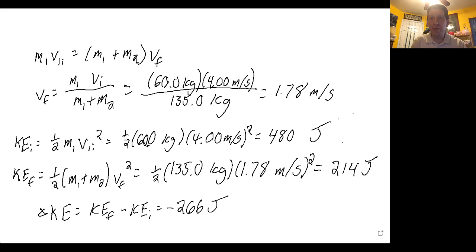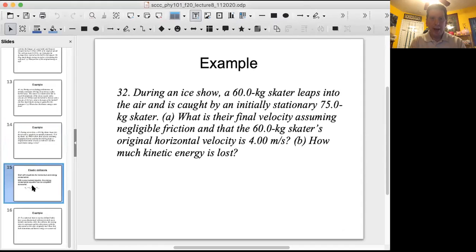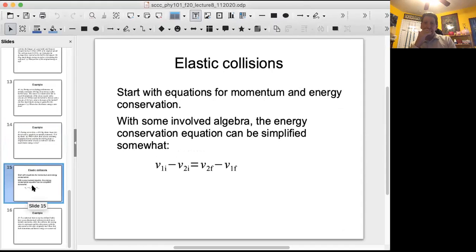Now we're going to move on to elastic collisions. We're not going to go into the derivation, although the textbook follows the steps. It's a bit lengthy, so I'm not going to do that derivation.